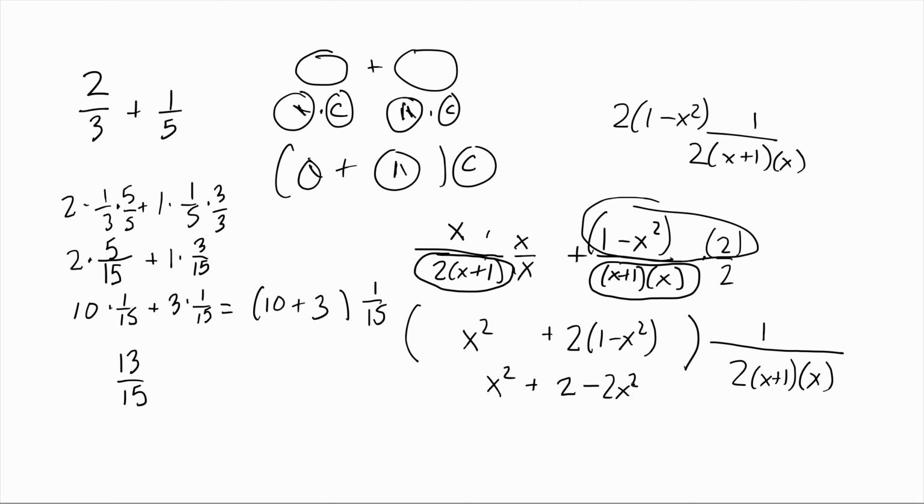So x squared minus 2x squared, that's going to be a negative x squared. So we got 2 minus x squared on the top. That's the numerator. I'm going to slide the denominator back in. I just simply did that so we could think algebraically what's happening. It's really factoring out something that's common. Divided by 2x plus 1 times x.